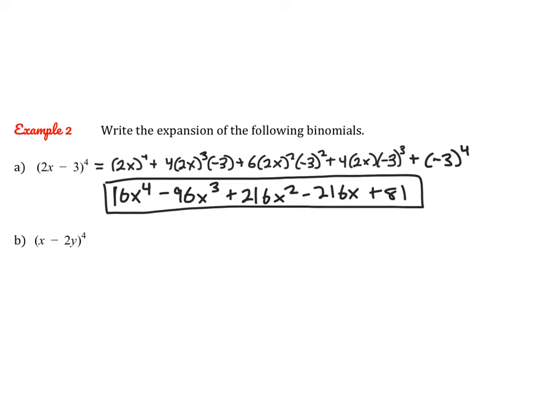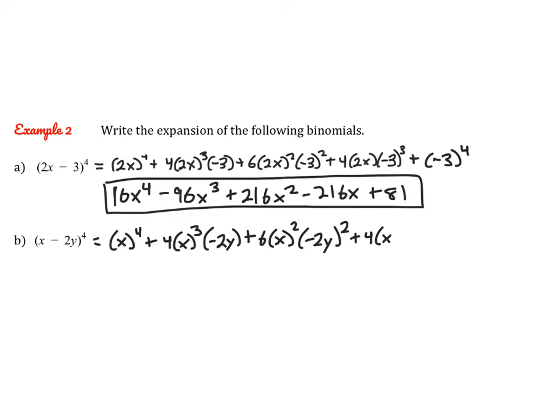Now let's try this next one. So we have another one. We're using our row 4 rule. So we have our x term to the power of 4 plus 4 times our x term to the power of 3 times our y term plus 6 times our x term squared times our y term squared plus 4 times our x term times our y term cubed plus our y term to the 4th power.